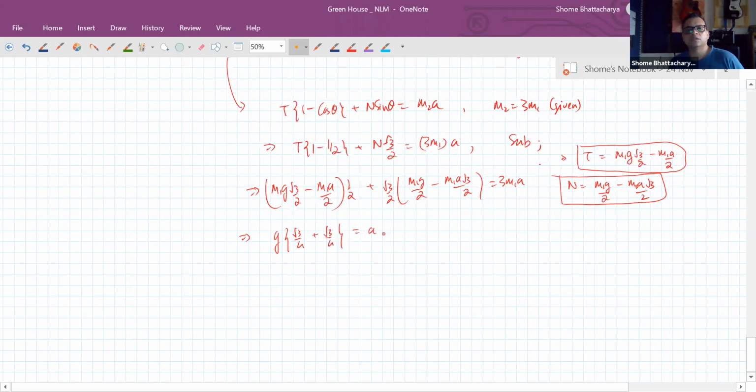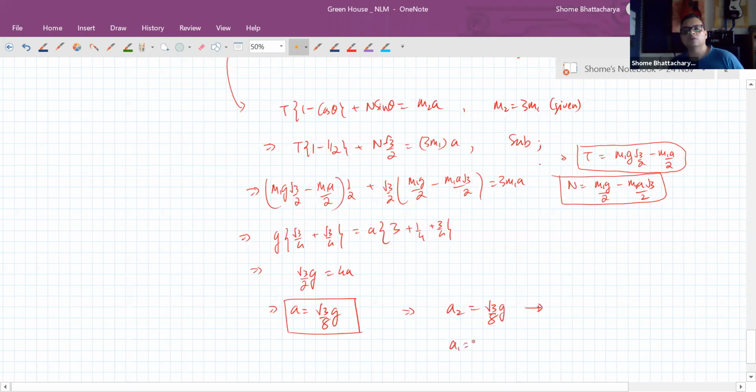And keep the term of a on that side. So we have 3 plus 1 by 4 for this one, plus 3 by 4 for this one. So we have root 3 by 2 g is equal to 3 plus 1, 4a. So we're getting a as root 3 by 8 g. So this directly tells us that a2 is root 3 by 8 g in the horizontal direction.